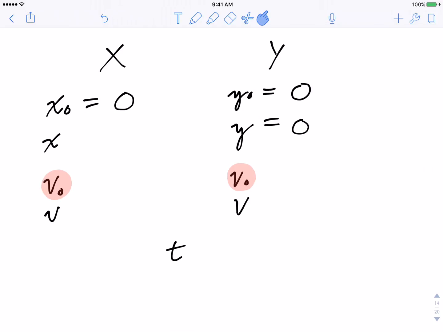The next thing we're going to do is we're going to approach this very similarly to the example problems that we've done in class already. So when we did these in class, the first thing we had to do was take a look at the initial velocities. So over here I have initial velocity on the x-axis on the left, the little x there, just so we remember, and we have initial velocity on the y-axis.